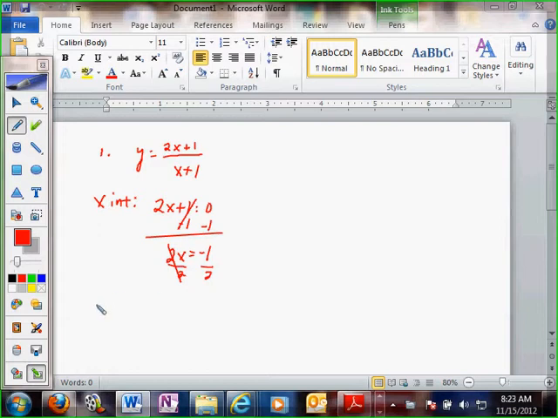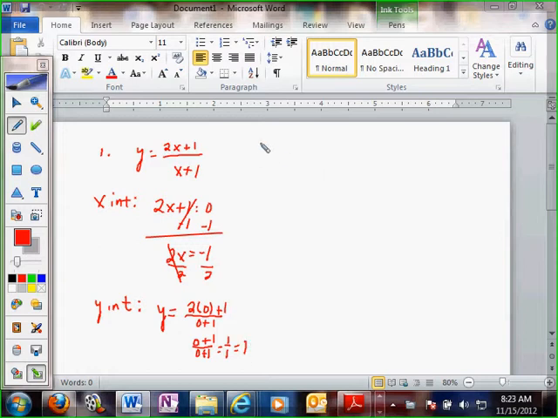Step 4, to find the y-intercept, I take my function and plug in a 0 for x and solve for y. This gives me 0 plus 1 over 0 plus 1, which is 1 over 1, which is 1. So my y-intercept is 1.